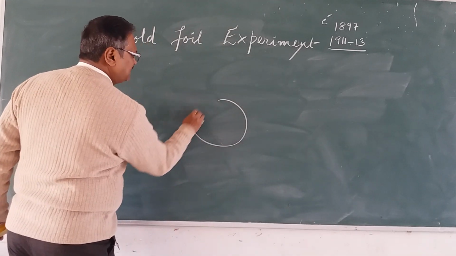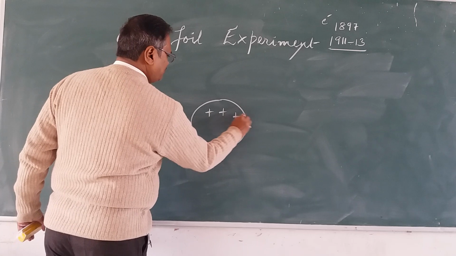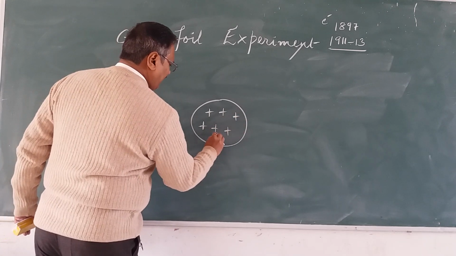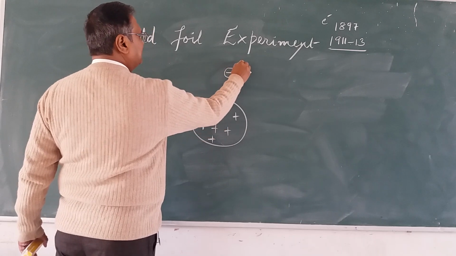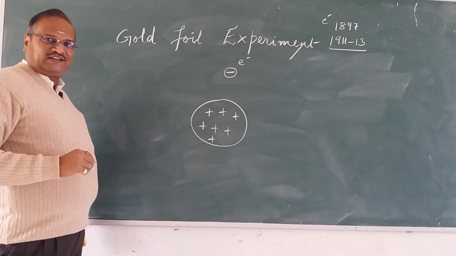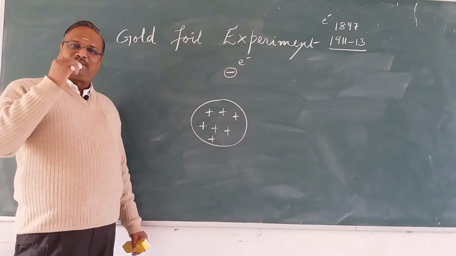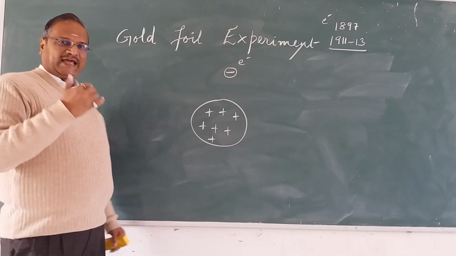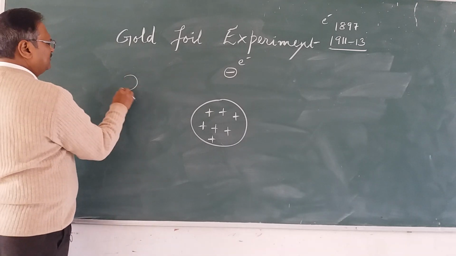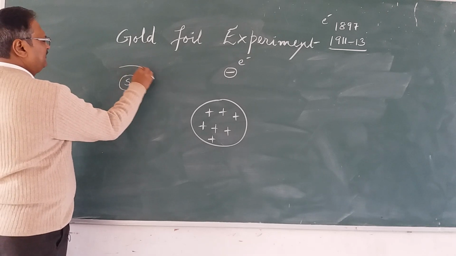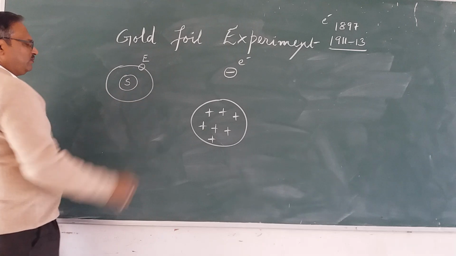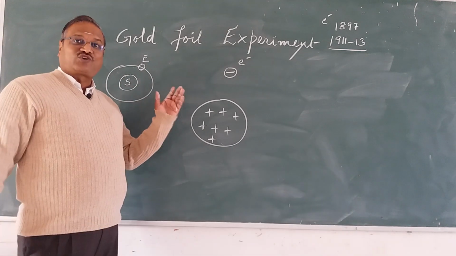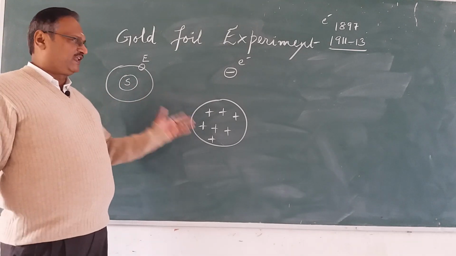So the nucleus consists of positive charges, and the electrons are outside. This is called the planetary model. Like in the solar system, you have the sun at the center and the planets revolve around it, let us say Earth is revolving around it. This is called the planetary model.